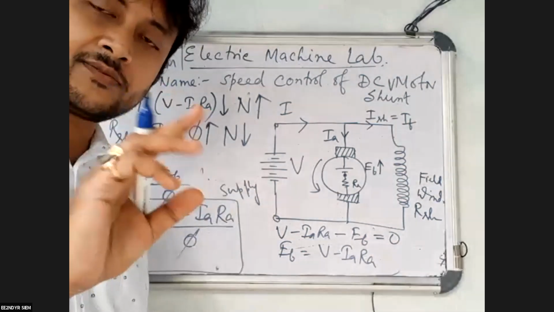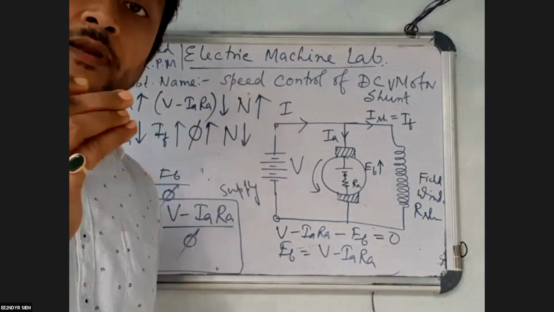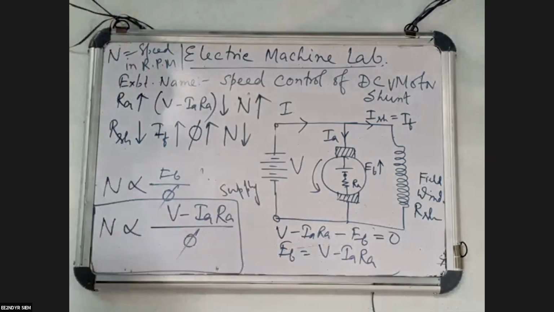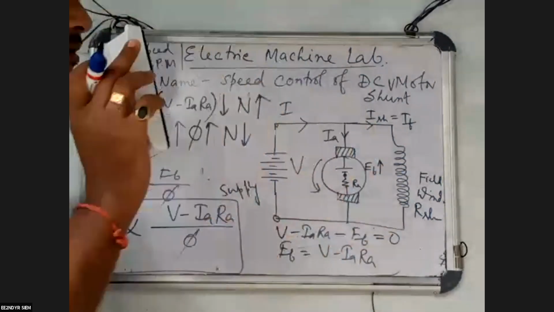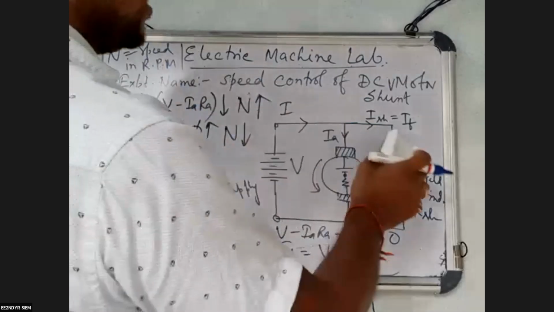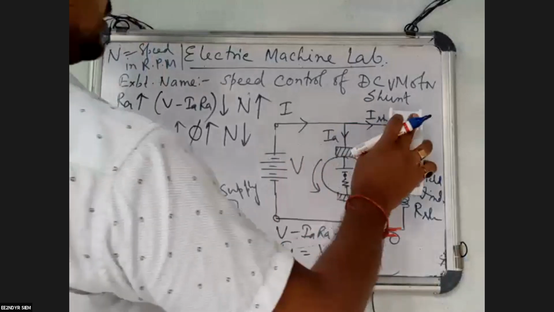Clear? So there are two different formats, when it is loaded condition and when it is unloaded condition. So now that means we have to connect two different rheostatic positions with this. So I am connecting with this. Just a minute.